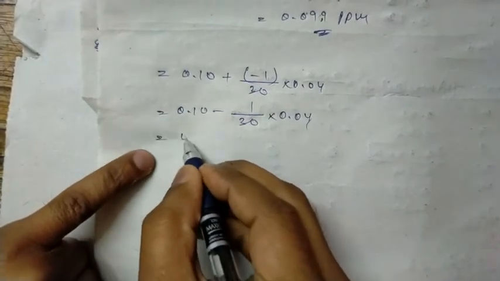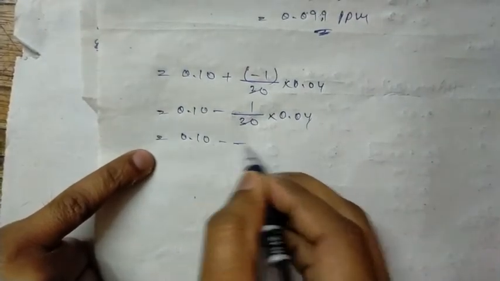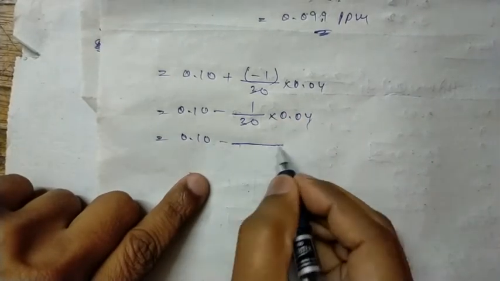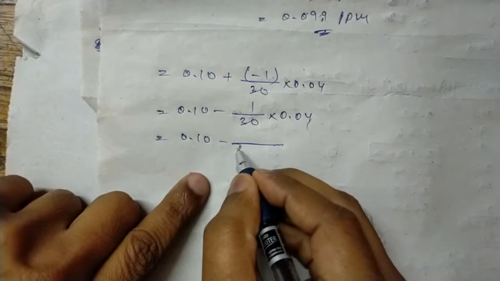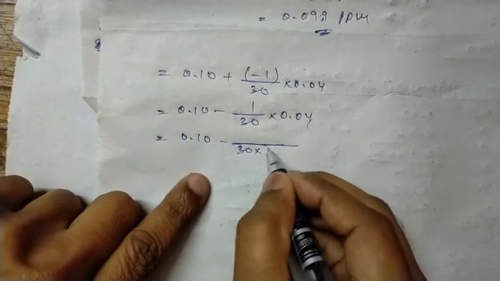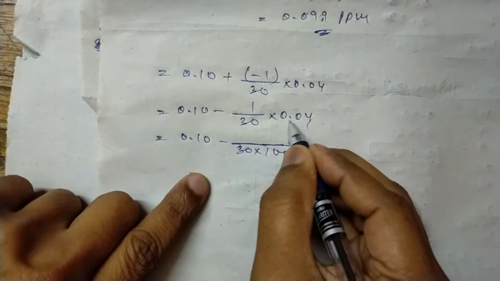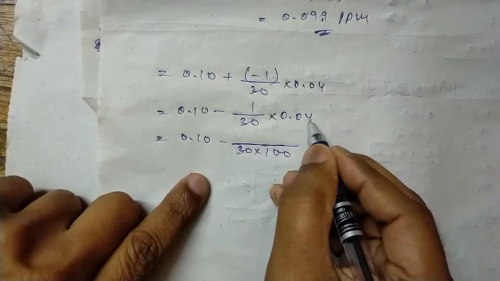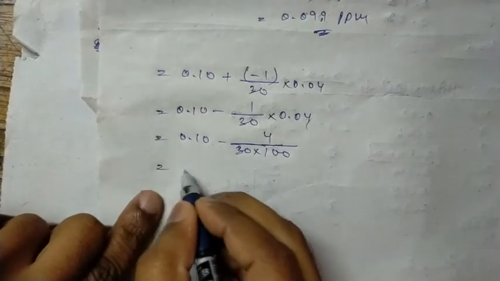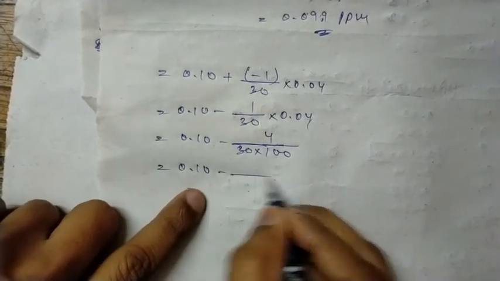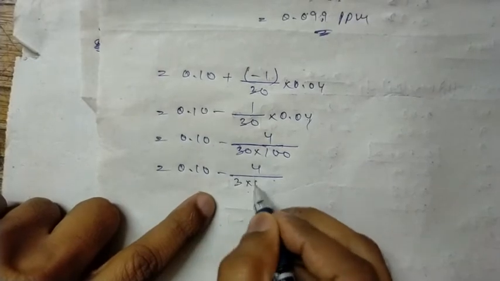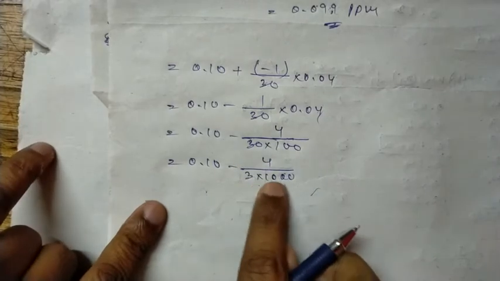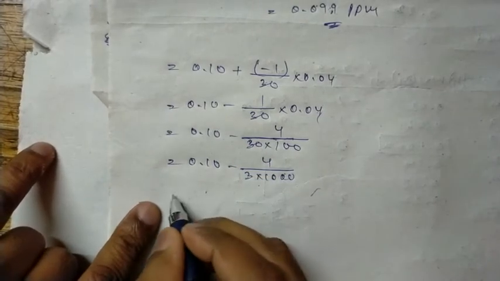If I remove the decimal from here, we get 30 into 100, and if I remove the decimal from here, it will remain 4. 4 ones are 4. So 0.110 minus 4 over 3 into 1000. Okay, 3 into 1000, we can write this.